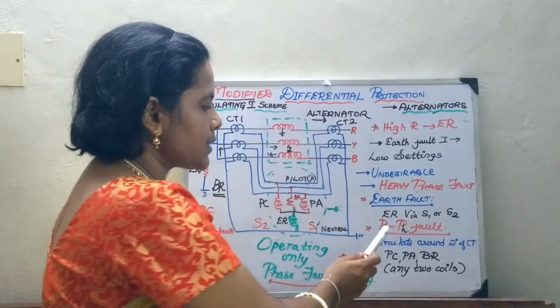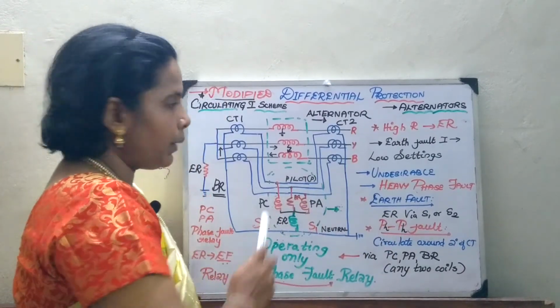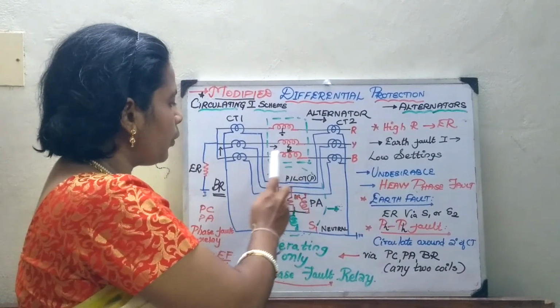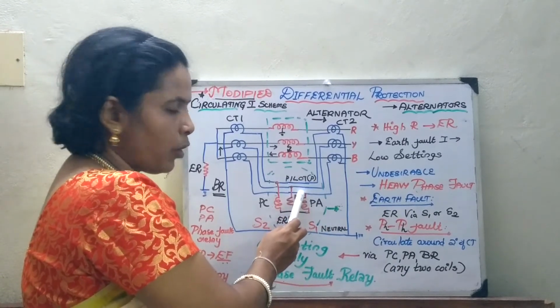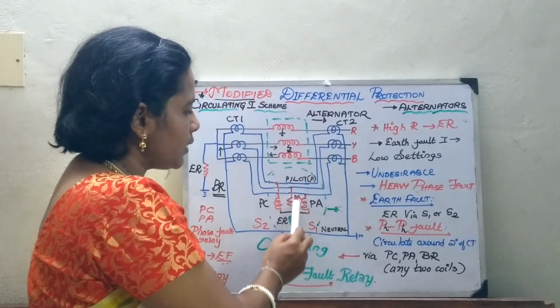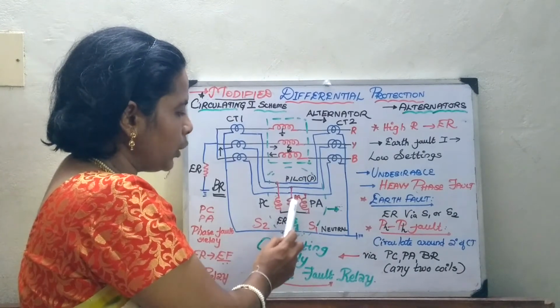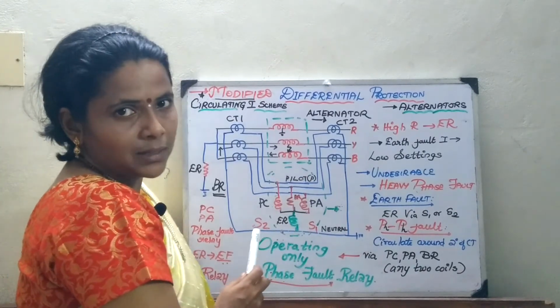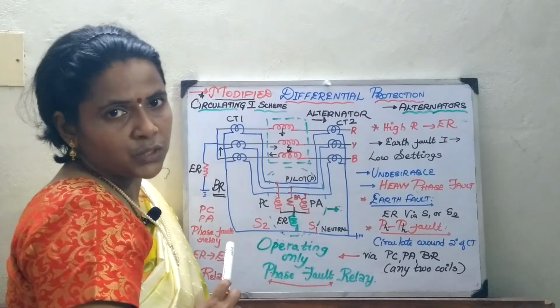Now we will consider the second condition, that is the phase-to-phase fault. The current from the secondary, depending upon where the fault has occurred, will flow, for example between the balancing resistor and PA, or between PC and the balancing resistor, and then operate the phase fault relay.